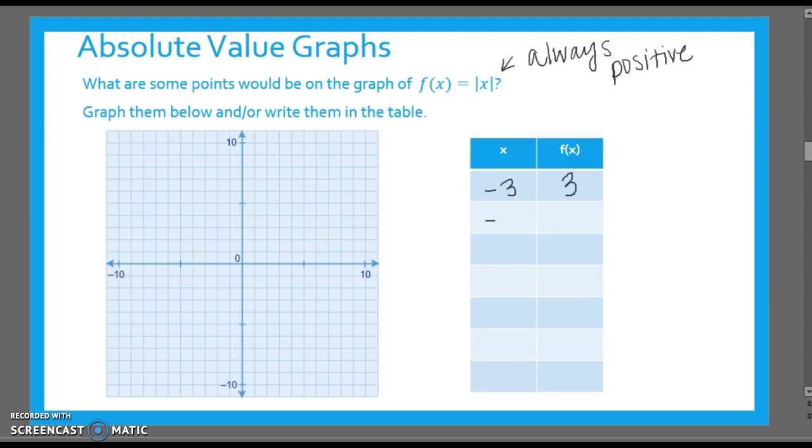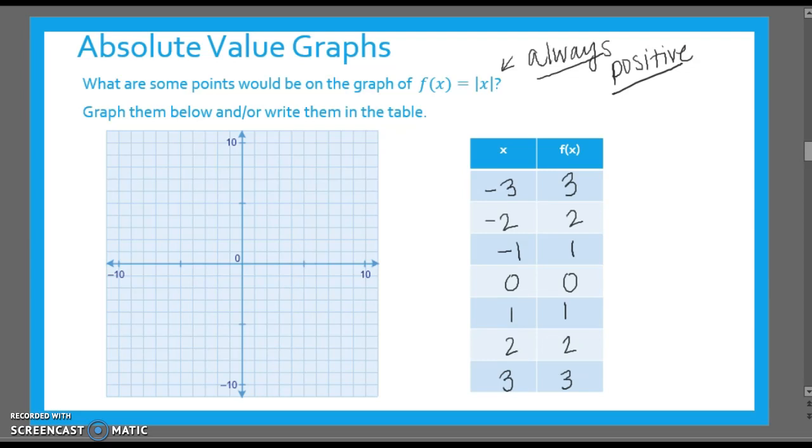If I wanted to plug in -2, the absolute value of -2 would be +2. Same thing with -1. Absolute value of 0 is still 0. Now what if I wanted to do 1, 2, and 3? The absolute value of 1 is not -1, okay? It's always positive, so 1 would be 1, 2 would be 2, and 3 would be 3. Okay, absolute value is always positive.